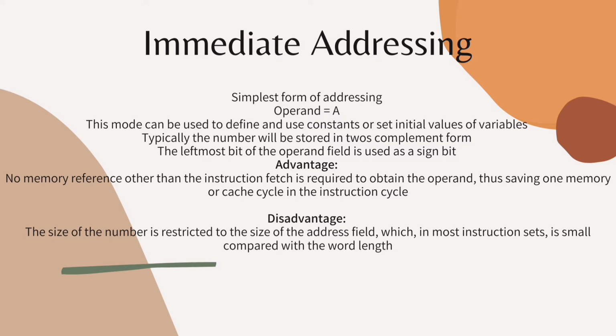Advantage of immediate addressing: no memory reference other than the instruction fetch is required to obtain the operand, thus saving one memory or cache cycle in the instruction cycle. Disadvantage: the size of the number is restricted to the size of the address field, which in most instruction sets is small compared with the word length.